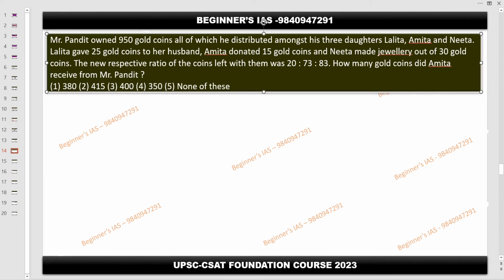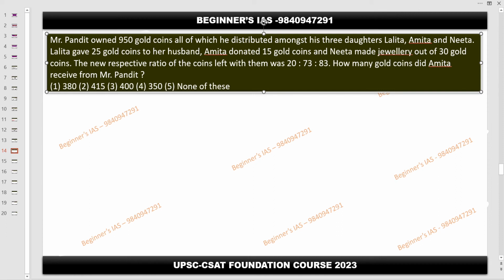Lalita gave 25 gold coins to her husband. Amita donated 50 gold coins. Neeta made jewelry out of 30 gold coins. The new respective ratio of the coins left with them is 20 is to 73 is to 83. How many gold coins did Amita receive from Mr. Pandit?